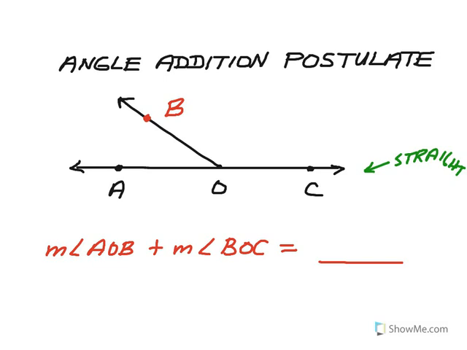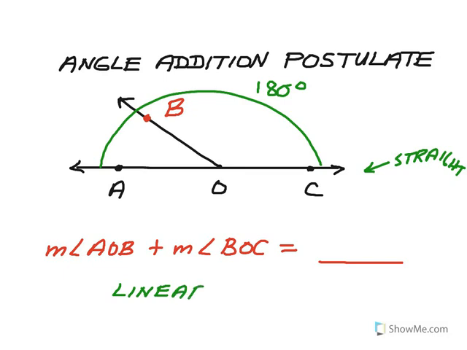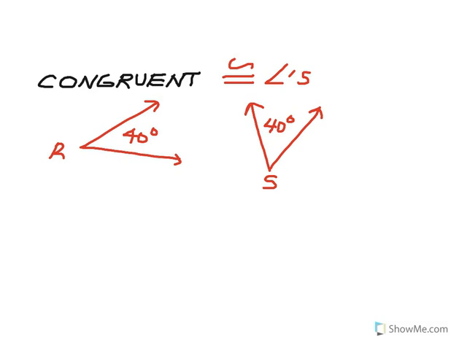These two angles, AOB and BOC, are going to be a full 180 degrees. So in this special case of the angle addition postulate, if we have two angles that are a linear pair, together they form a straight line, then we know that the sum of those two angle measures is 180 degrees.